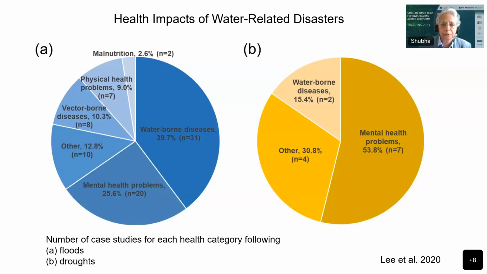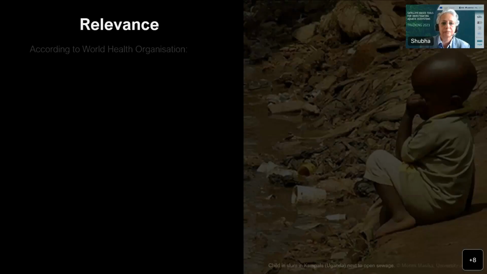So if you partition the types of diseases that follow a water-related episode, you see that waterborne diseases occupy a big part of the pie, and it is more important during flooding, but it is still important when you have droughts. Mental problems is a big component of the health problems that follow. So for much of what follows, we are going to look more at waterborne diseases.